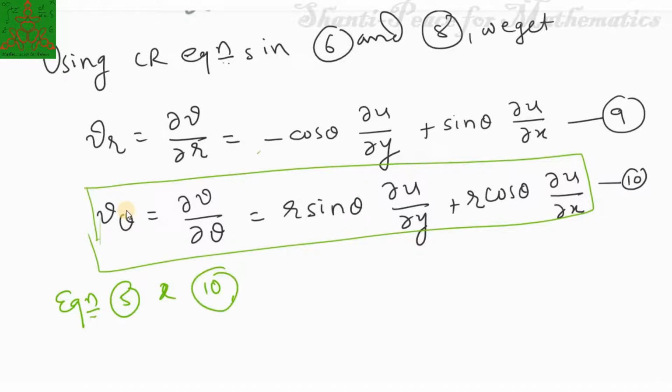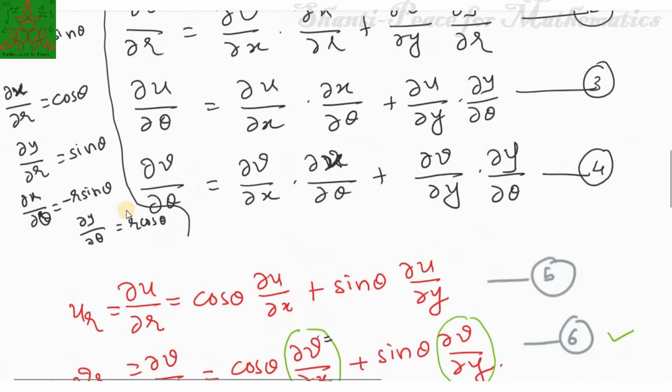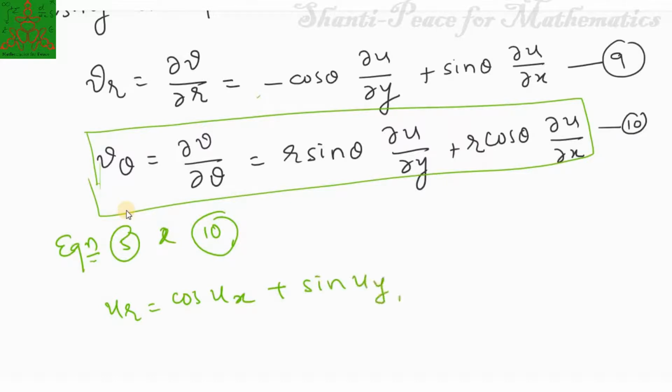Let us rewrite equations 5 and 10. What is equation 5? That is Ur is equal to cos theta Ux plus sin theta Uy.